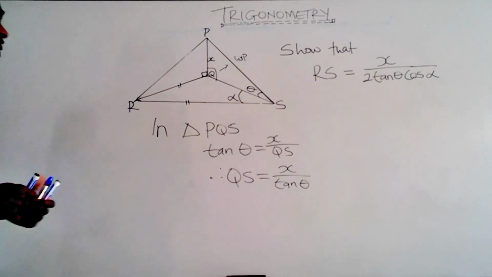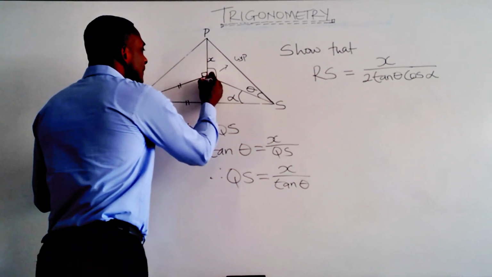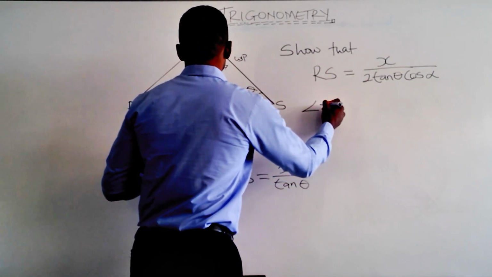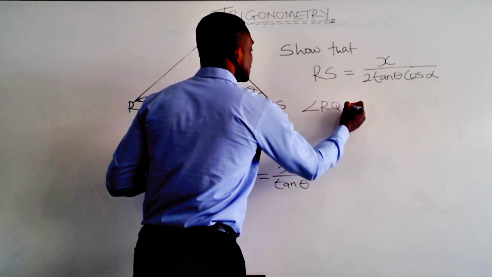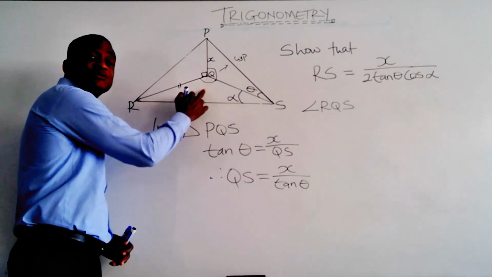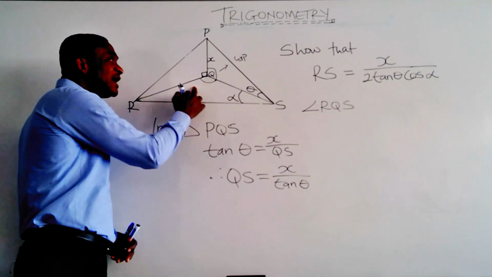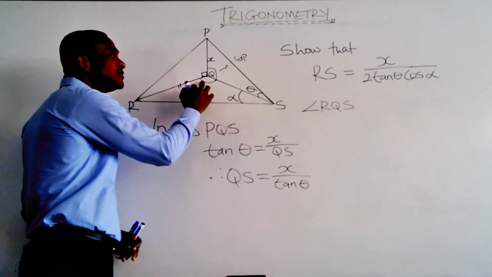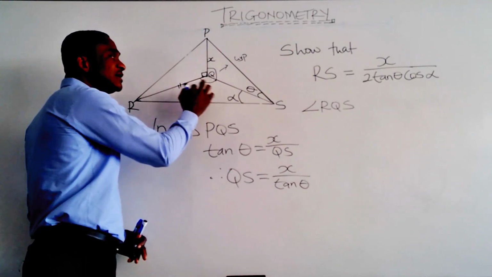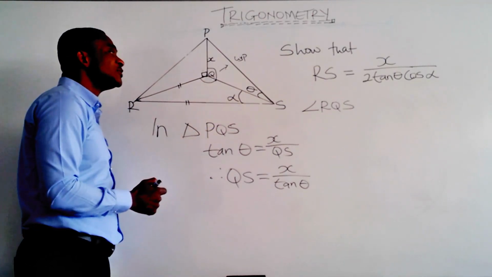Another thing we need to note here is this angle. We call it angle RQS. Because these two lengths are equal, it makes this an isosceles triangle. And under an isosceles triangle, base angles are supposed to be equal. The angles opposite equal lengths are supposed to be equal.